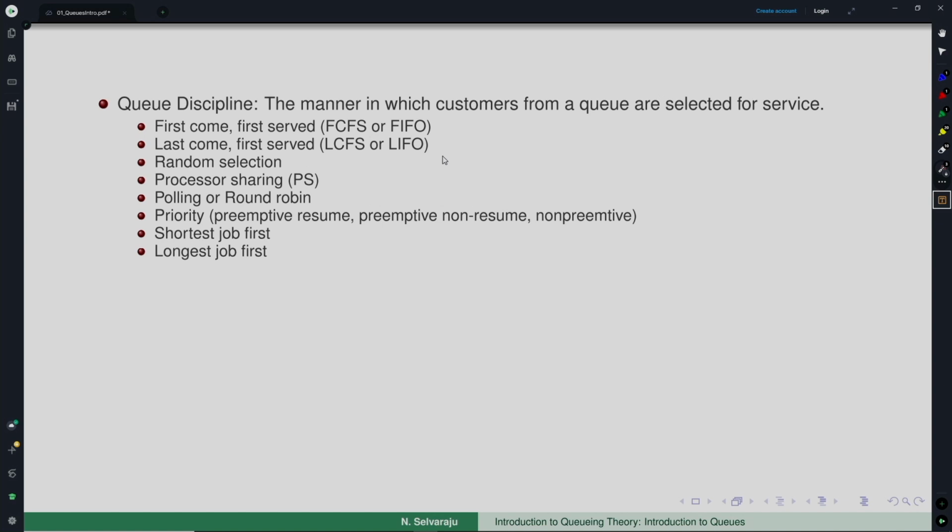So, it is last come first served. There could be random selection, depending upon the scenario. In random selection, if 10 customers are waiting, all 10 have equal probability of being selected. And processor sharing, which is so common in computer and communication networks, right.